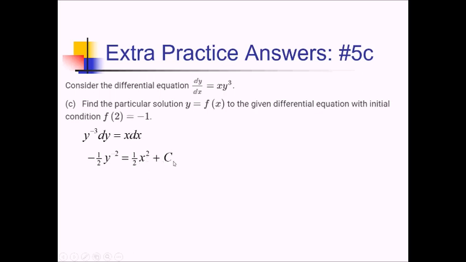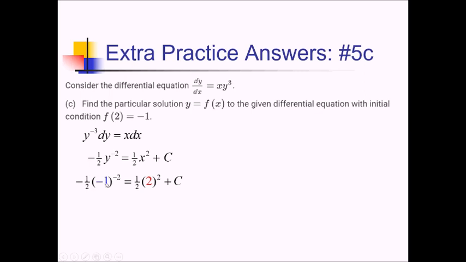To find that plus c, which we need for our particular solution, I'm going to plug in my initial condition of 2 comma negative 1. So I have negative 1/2 and then the y value negative 1 to the negative second power. Over on the right side, this is going to be 1/2 times the x value 2 squared plus c. So what do we have on the left side?